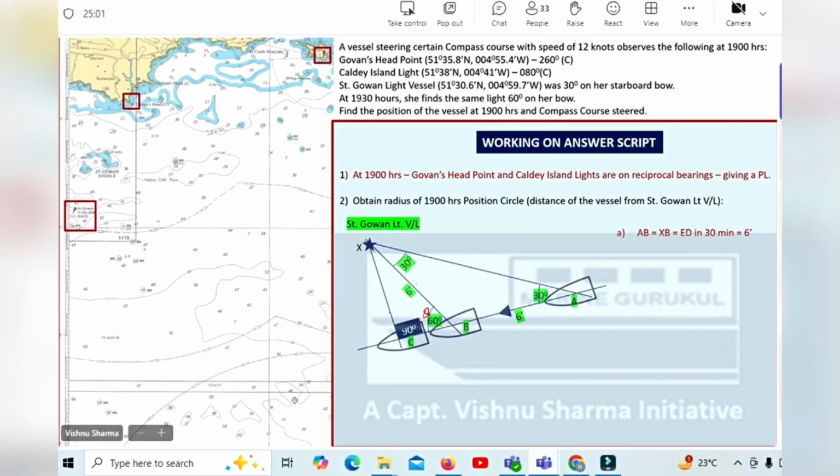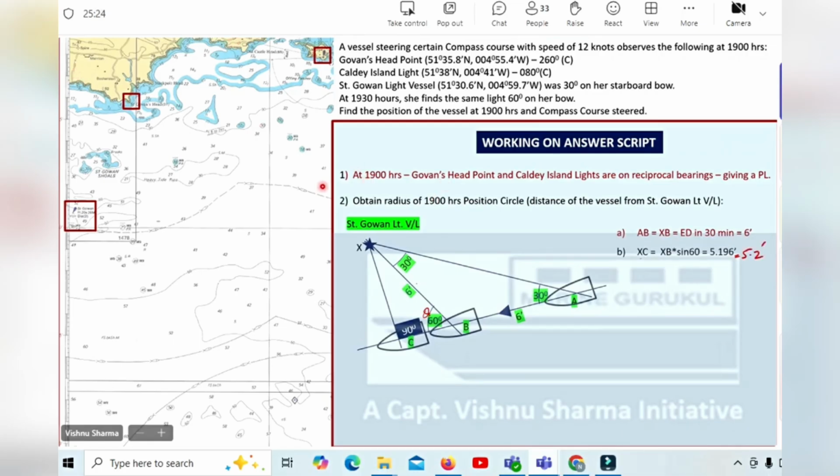So sine 60 will be perpendicular upon hypotenuse. So XC, the beam distance, will be XB into sine 60. This way we get the beam distance XC as 5.196, or you can say 5.2 miles.